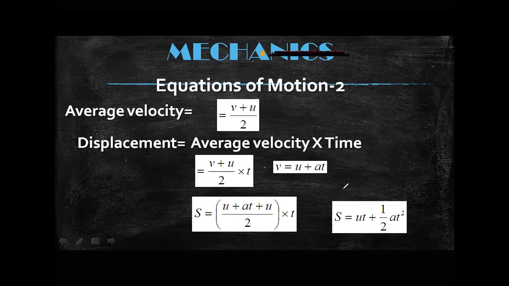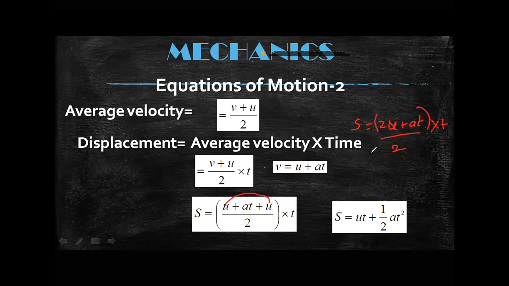Here, half at square. Let me write again. u plus u is 2u plus at. Let me correct; Pranav, if I make any mistake, just tell me. So s is (2u plus at) by 2 into t.